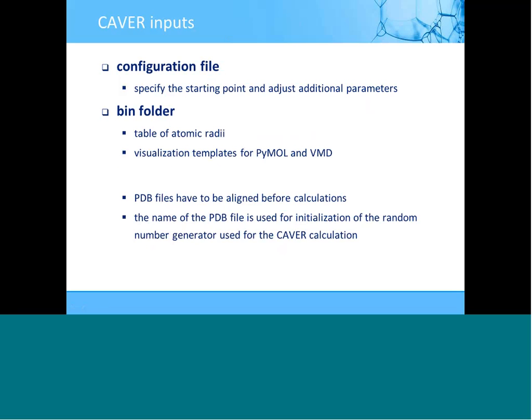The last input is a folder with these PDB files, and it's important that the files are aligned beforehand, since Caver does not provide any structural alignment. And also, you should notice that the name of the PDB file is used to initialize the random number generator in Caver. So if you want a fully reproducible result, you have to maintain the same name of the file.